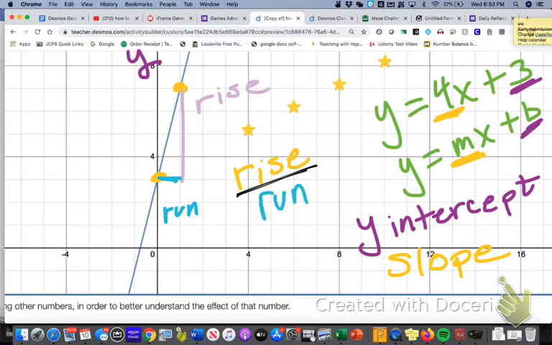So in this case, if I look at my rise, I'm just going to count. The rise is 1, 2, 3, and 4. So the rise is 4. The run, the horizontal distance, is 1. So 4 over 1 simplifies to a 4. So that is where the slope came from in this particular case.